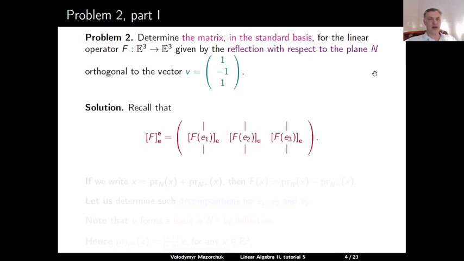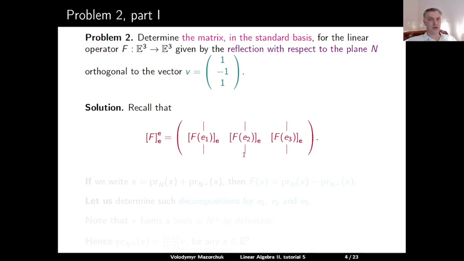Solution. Recall that the matrix of the linear operator in the standard basis is given as follows. The first column of this matrix consists of the coordinates in the standard basis of the image of the first standard basis vector E1 under our linear operator.